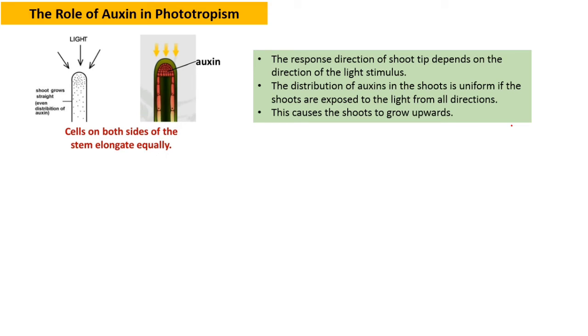So when we put the coleoptile in uniform light, light coming from all directions, the shoot will grow straight. The cells on both sides of the stem elongate equally.